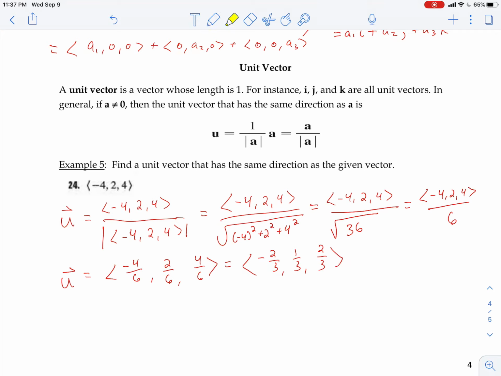And there is our unit vector, where it has the same direction as the original vector, but will have a length of 1. And of course, we can do the math. If you want to check it, just find the distance of our solution and make sure that it equals 1. And you're going to find that it does.